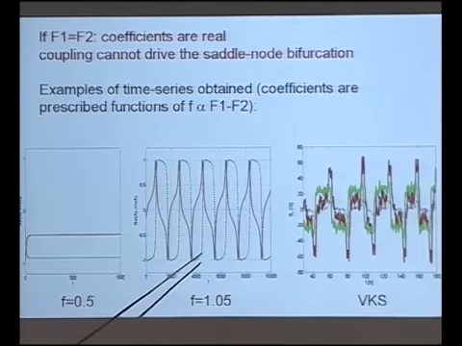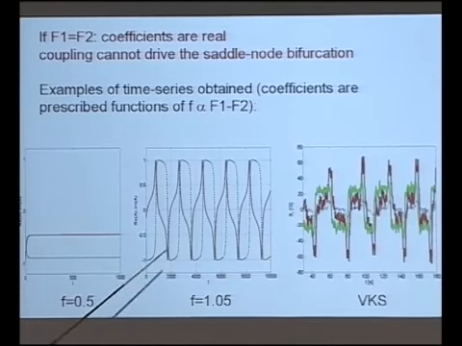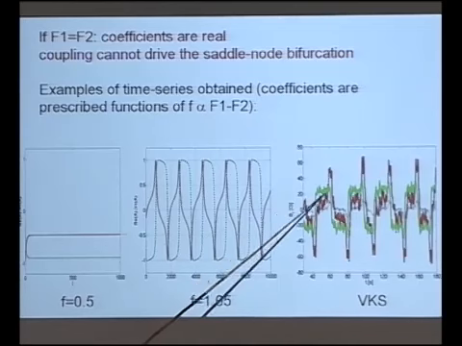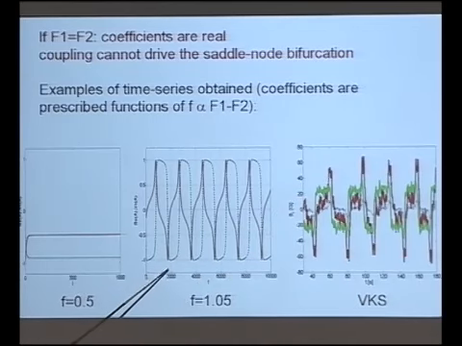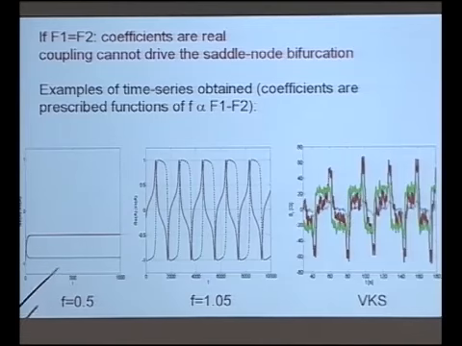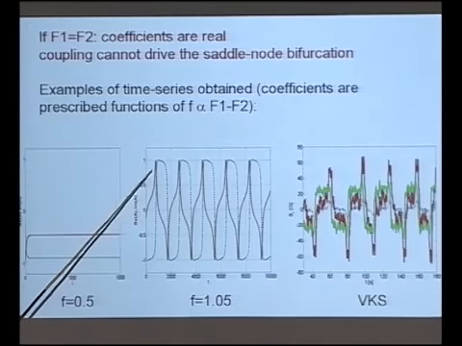If I increase f, then I evolve first to a stationary solution, and then if f is large enough, to some highly nonlinear oscillation. These highly nonlinear oscillations resemble what is observed in the VKS experiment. You see that the green displays a plateau, same as some plateaus observed here, whereas the red increases and slows down when the green has a plateau.